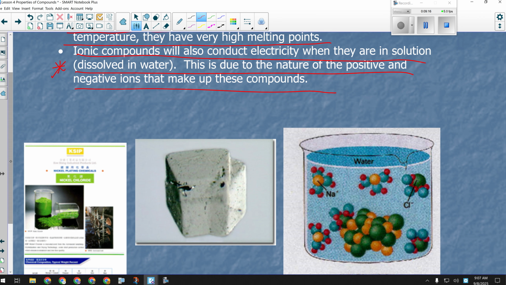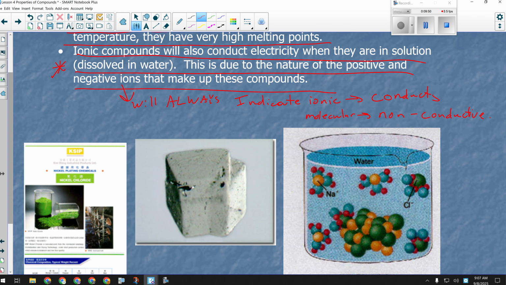So this test will always indicate ionic, that would be conducts, or molecular, non-conductive.